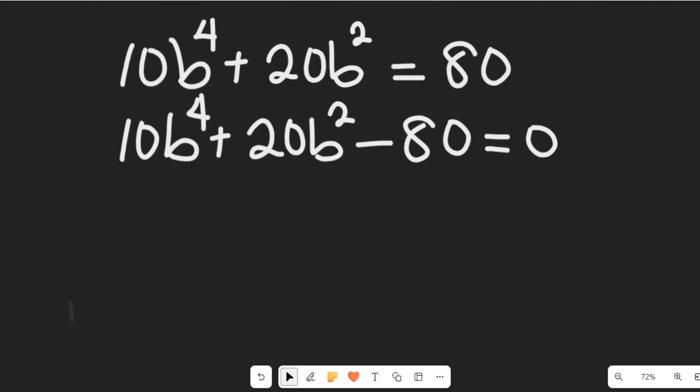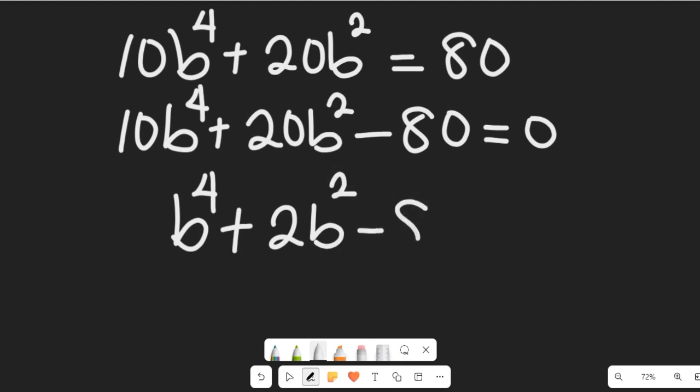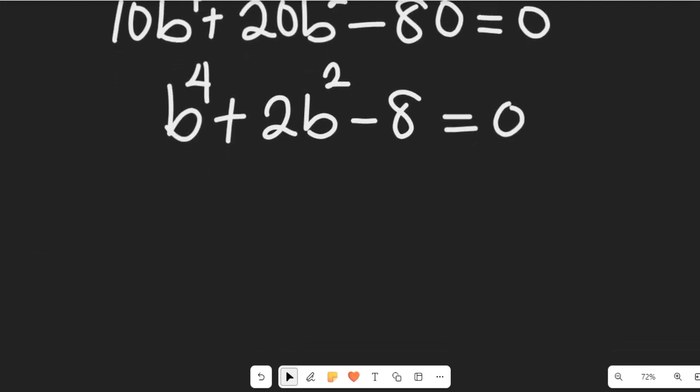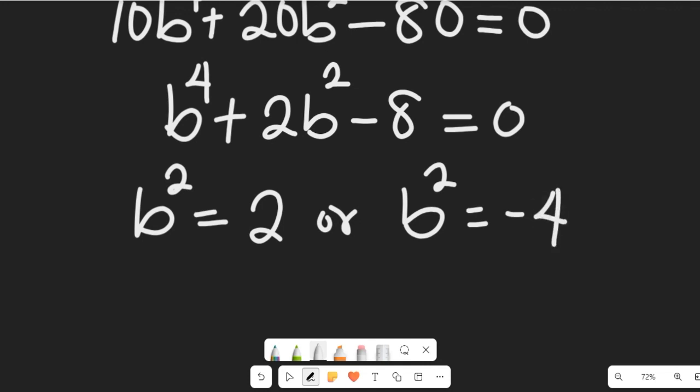Great. Now let's simplify this further. From this point, we're going to divide both sides by 10. If we divide all through by 10, this will become b to the power of 4 plus 2b squared minus 8, and this will be equal to 0. Now considering this expression, you'll come to see that b squared is equal to 2, or b squared is equal to negative 4.